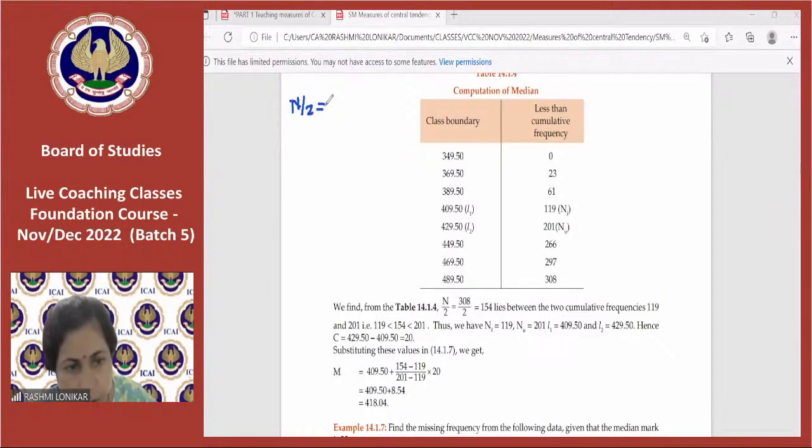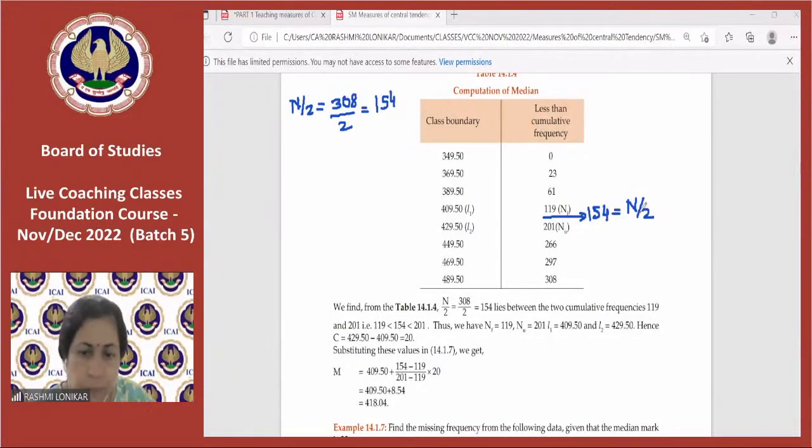How much is the total frequency? 308 upon 2. How much is this? 154, right? Now 154 is going to lie somewhere here. It is above 119 but below 201. So 154 is going to lie over here, which is equal to n by 2.